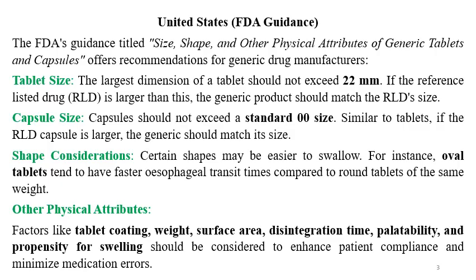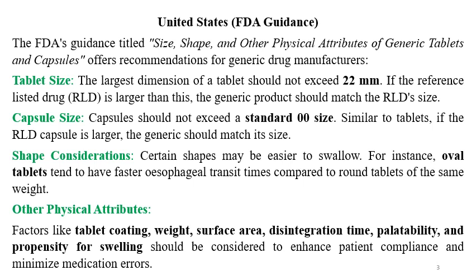The United States FDA has given a specific guideline with the information and requirements on size, shape and physical attributes for the formulations. The FDA guidance titled Size, Shape and Other Physical Attributes of Generic Tablets and Capsules offers recommendations for generic drug manufacturers.